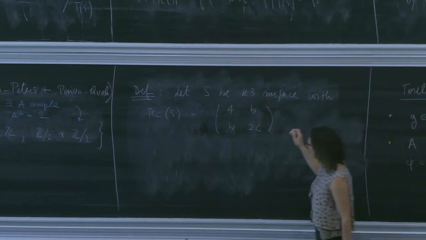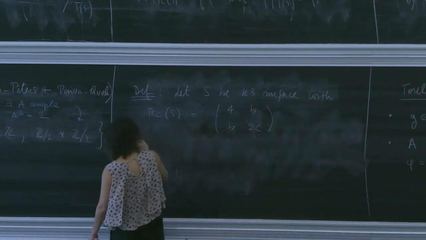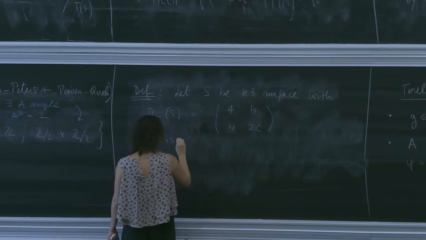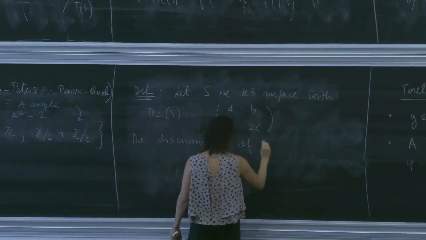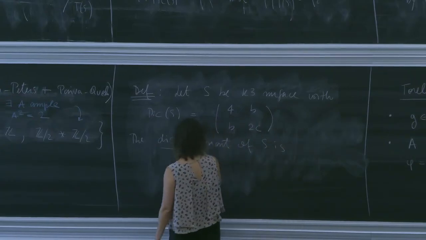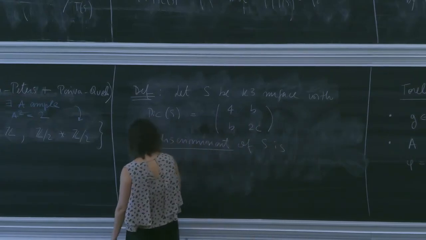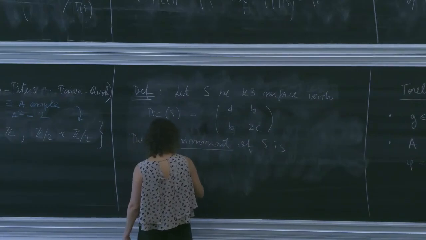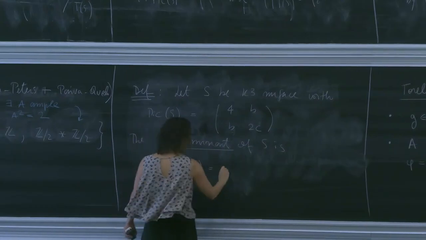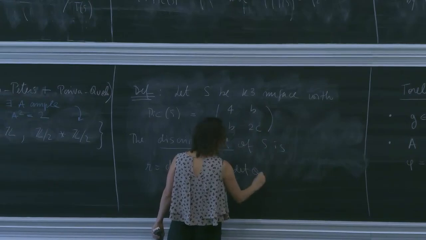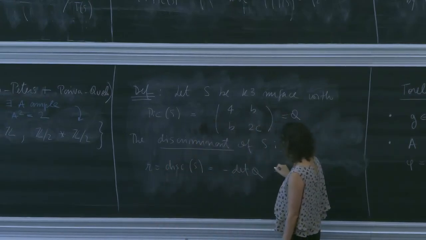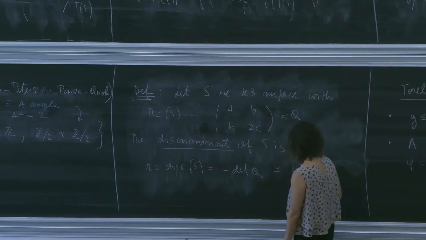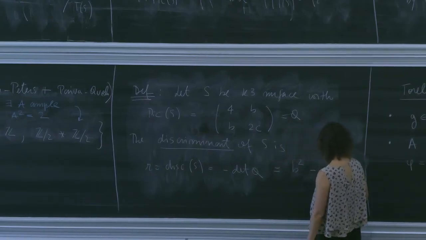And I define the discriminant of S to be minus the determinant of the matrix. Calling this R, so this is b squared minus 8.